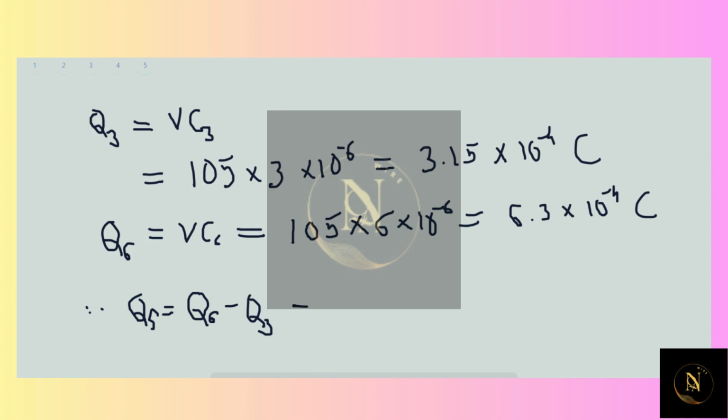This is what we are doing here. If you take the difference, the charge across the part of the circuit where we have the switch comes out to be 3.15 times 10 raised to negative 4 coulomb. And this is the answer for part C of the problem. This will finish this problem.